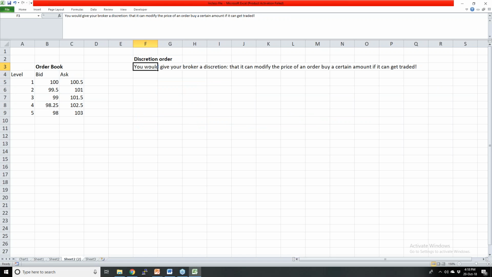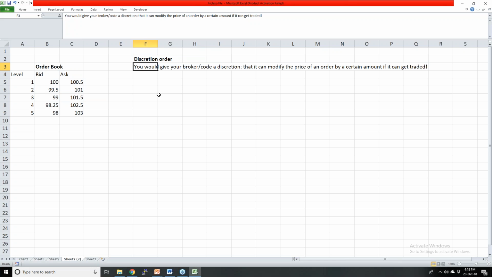Going back to the discretion order, you would give your broker or your algorithm, or your code, a discretion that it can modify the price of an order by a certain amount if it can get traded, right?